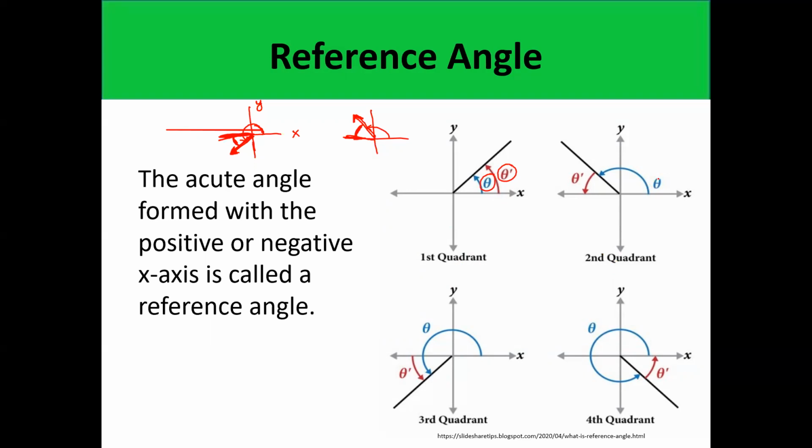In the second quadrant, the reference angle theta prime is the angle formed by the terminal side and the negative x-axis. For the fourth quadrant, the reference angle is the angle formed by the terminal side with the x-axis.